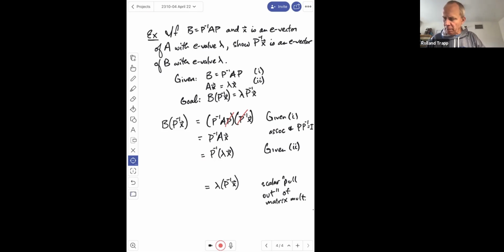But there's also a couple of more word problems or show problems where you have to do matrix algebra to get from one expression to another. Any questions about that? Okay.